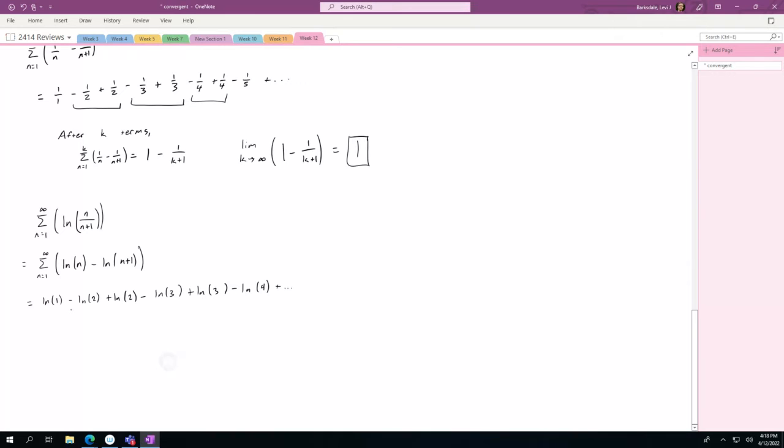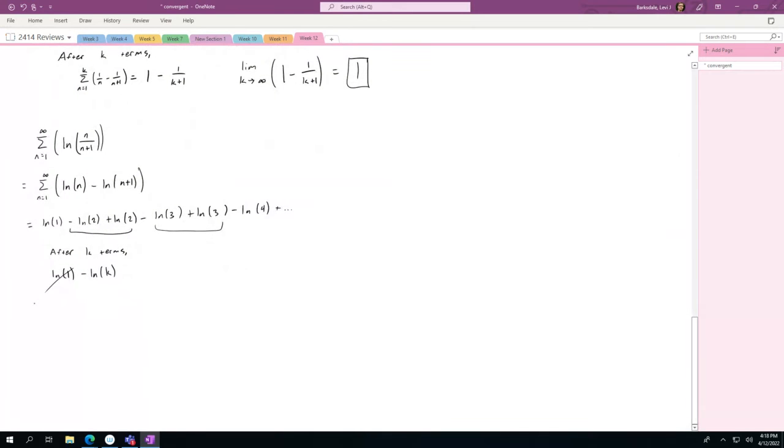It looks like the natural log of 2 cancels with the natural log of 2, 3 cancels with 3. So after k terms, what I have is the natural log of 1 minus the natural log of k. And the natural log of 1 is just 0, so I have minus the natural log of k.